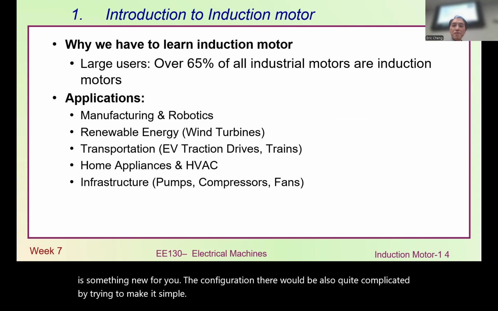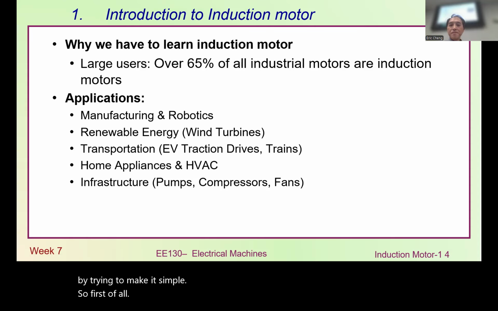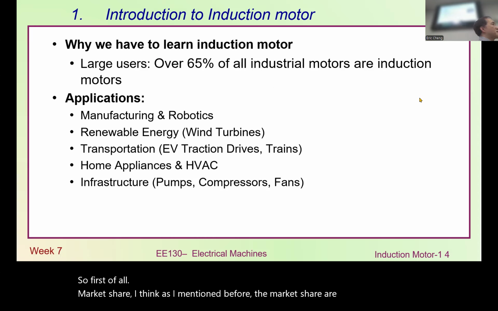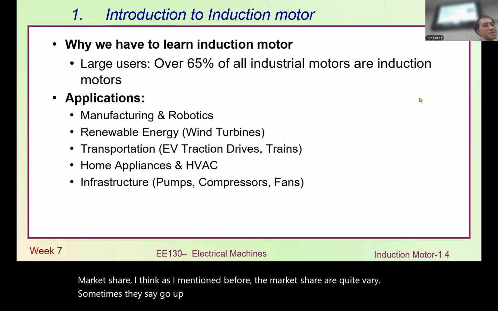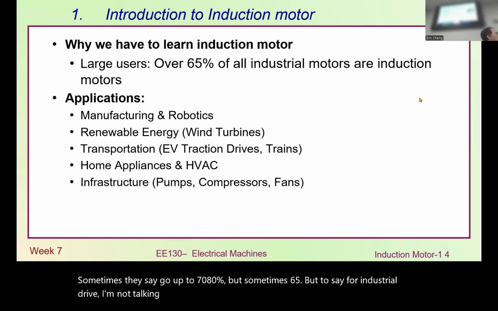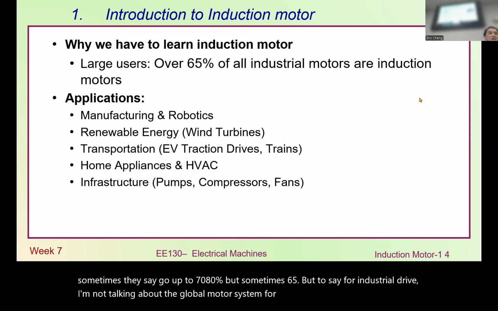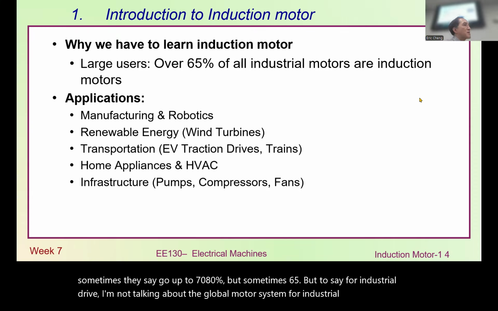So first of all, market share. As I mentioned before, the market share is quite varied. Sometimes it can go up to 70, 80%, but sometimes 65. But for industrial drives, I'm not talking about the global motor system. For industrial drives, that can go up to 65%.